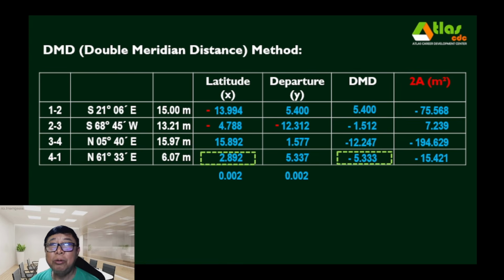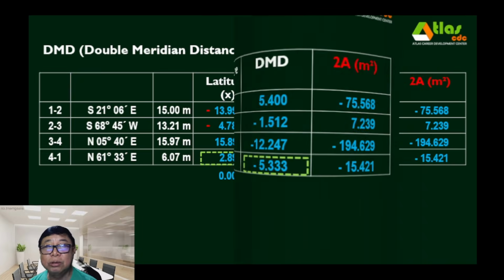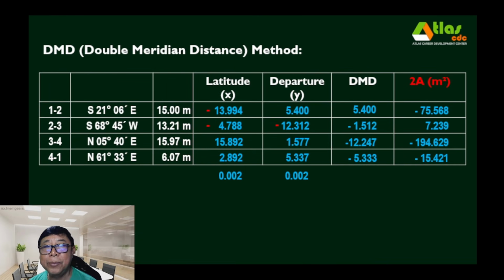So we're going to sum all of this. As mentioned earlier, we have to sum the DMD multiplied by the latitude. All of this double area will give you a total of negative 278.375. But that is double area, so we're going to divide it by 2.